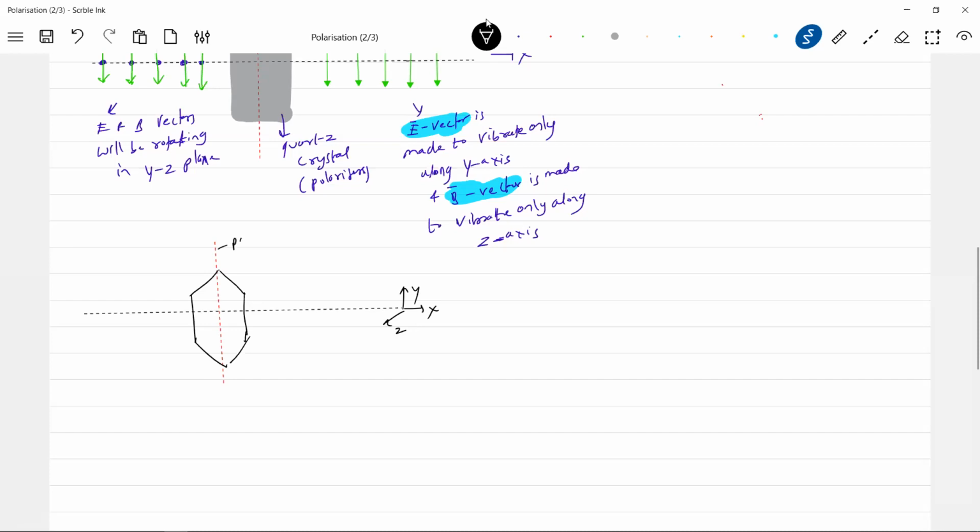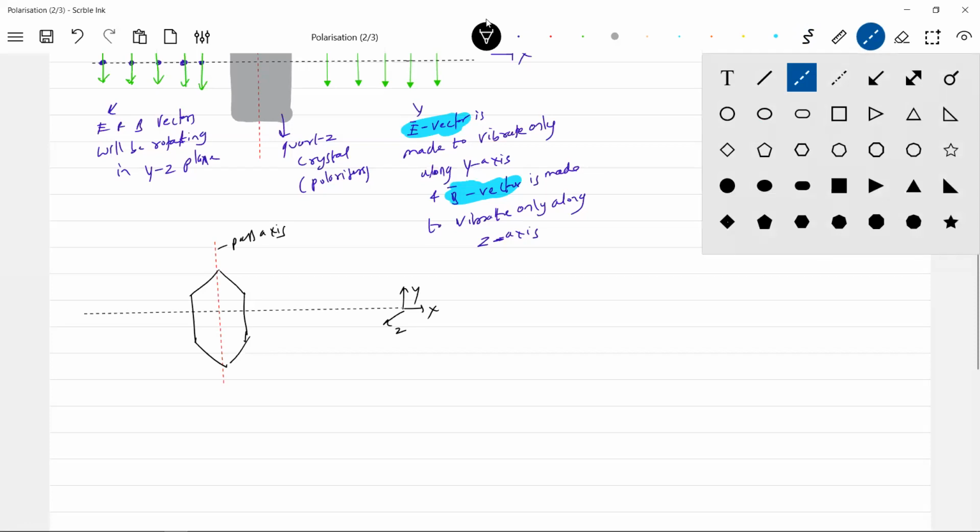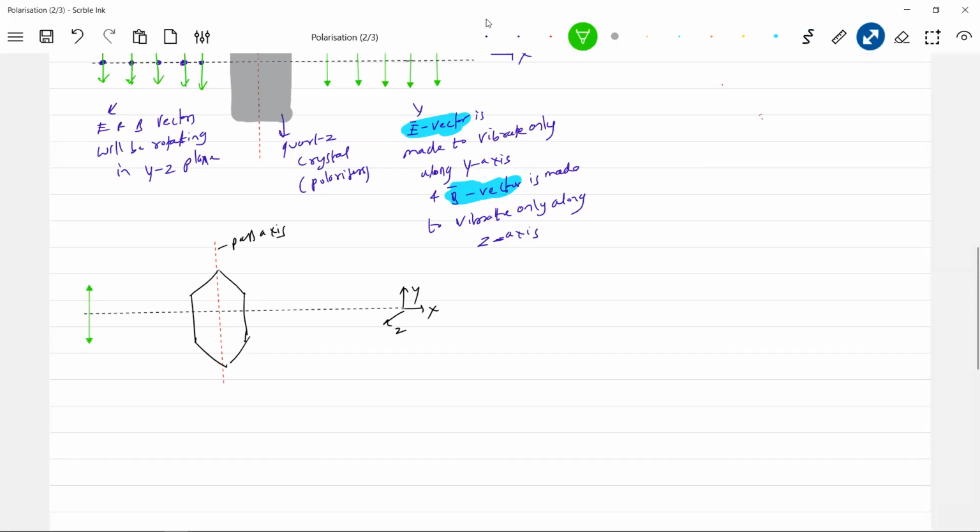So this is a pass axis. Now again the same thing. I'll choose the green color, green, and the dots below. So this unpolarized light is coming. Next, one more diagram.